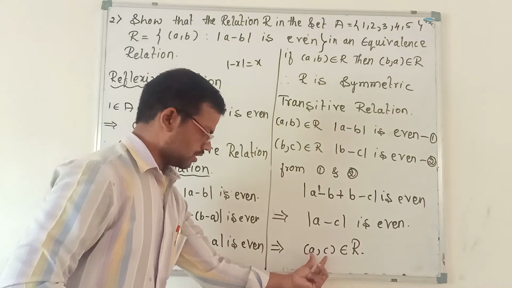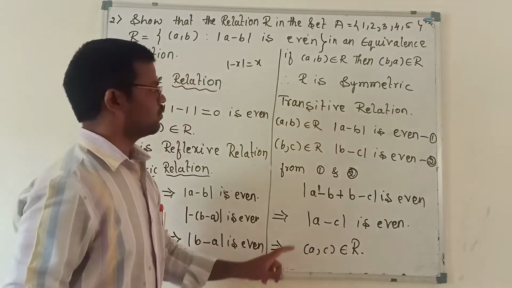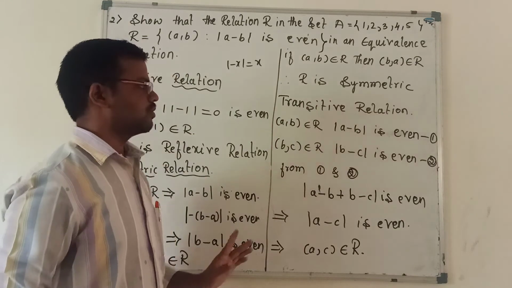So we got (a, c) belongs to R. Therefore, R is a transitive relation.